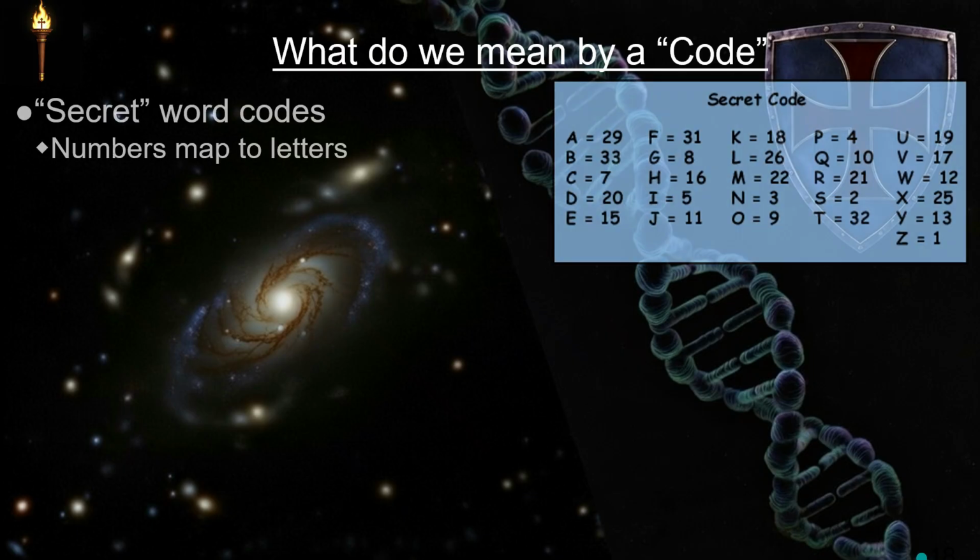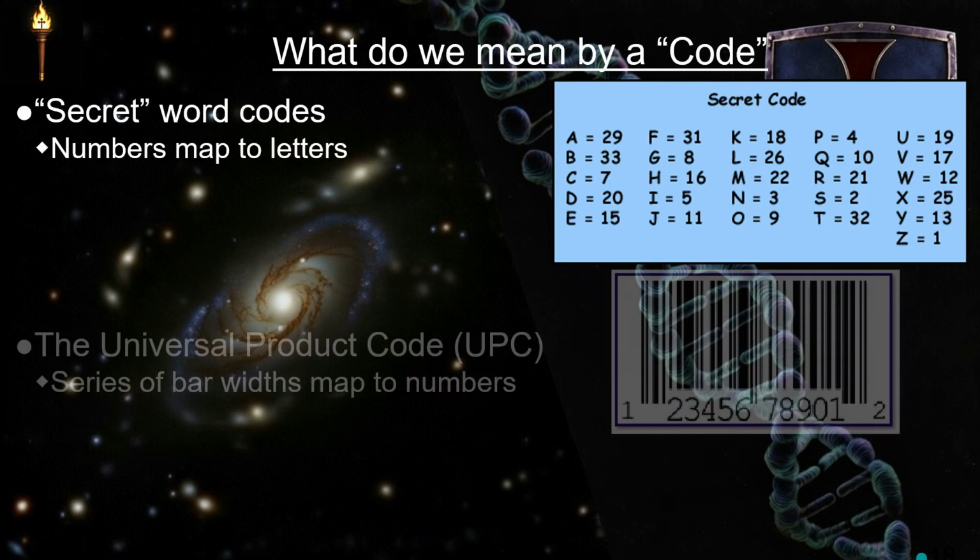What do we mean? Well, we have codes all around us. We used codes when we were little and we wanted to exchange messages with people and we didn't want somebody to know about them. One I'm sure you're familiar with is assigning a number to a letter and then sending messages as numbers. You can take a message, convert it to numbers, and then convert the numbers back to the message.